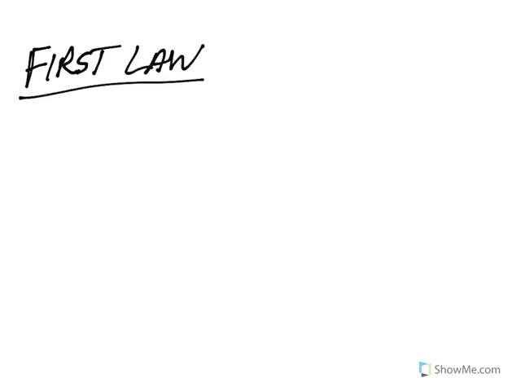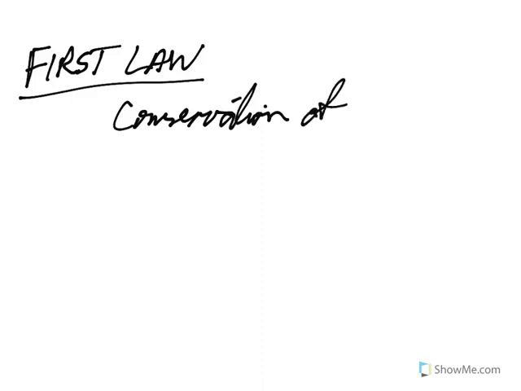So the first law of thermodynamics is basically about conservation of energy. As we'll see in all kinds of situations with energy through the course, but in particular this one relates to thermodynamics.